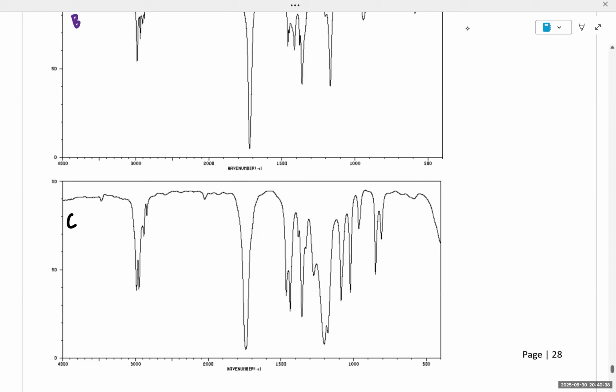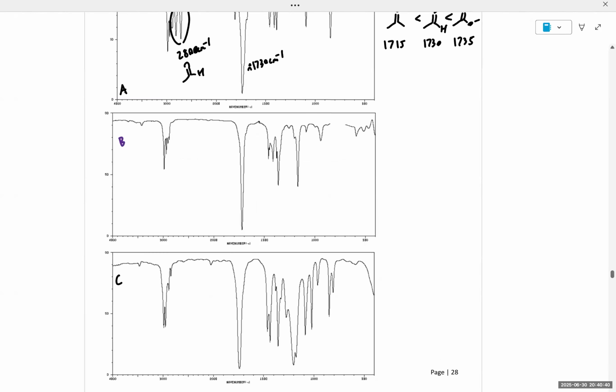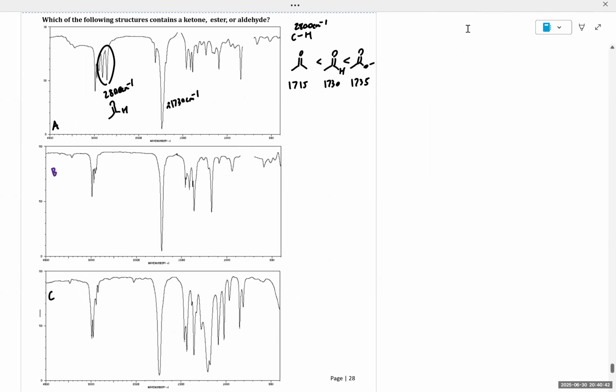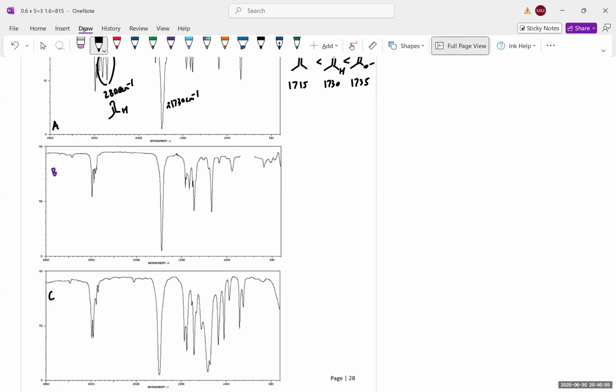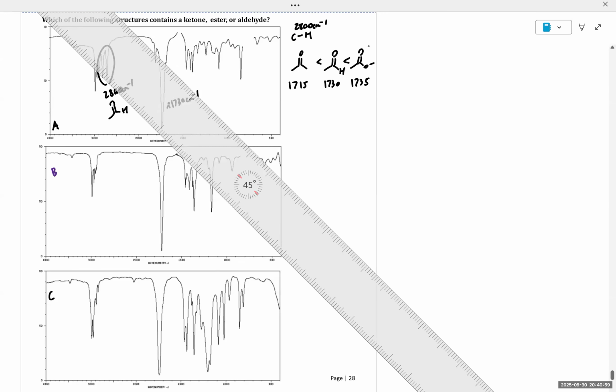I'm going to zoom out so that we can see all of the spectra on the same page. And as we can see, let me use a ruler.